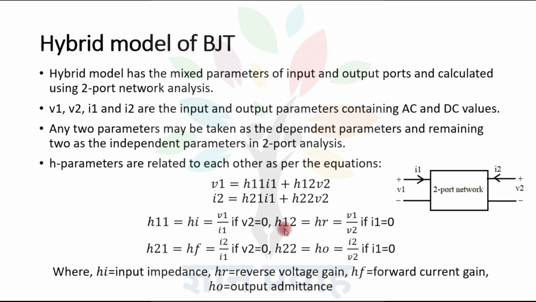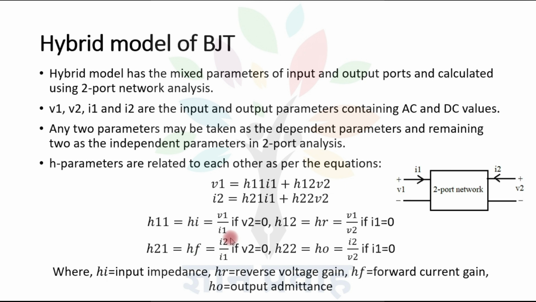And from this expression, H12 equals V1 upon V2. V1 upon V2 is the reverse voltage gain. So we simply represent H12 as HR. R simply shows reverse voltage gain.